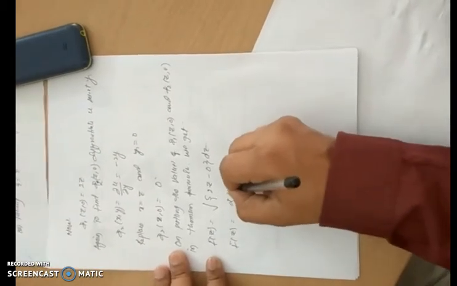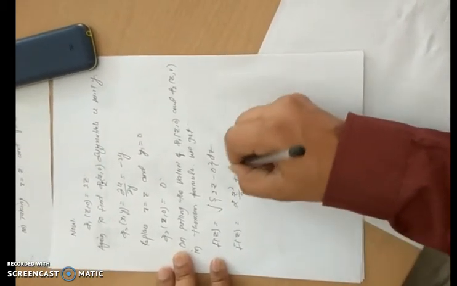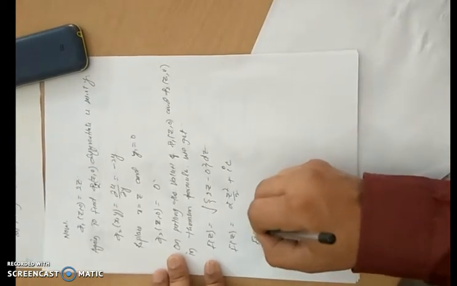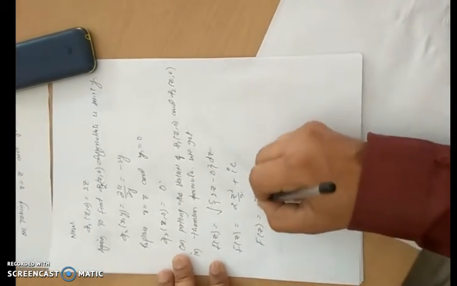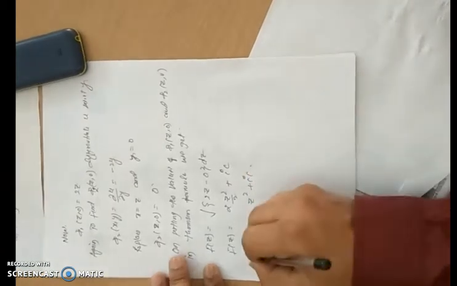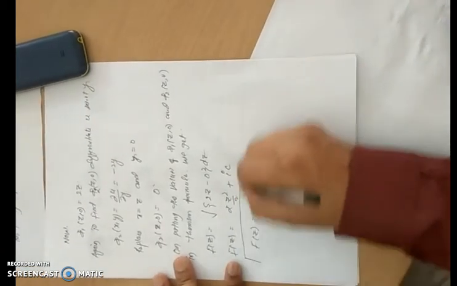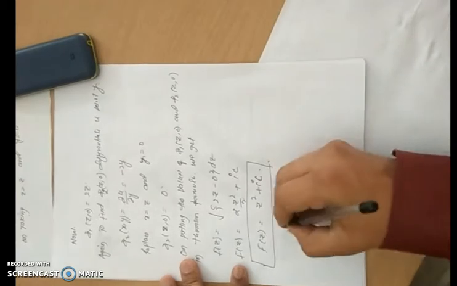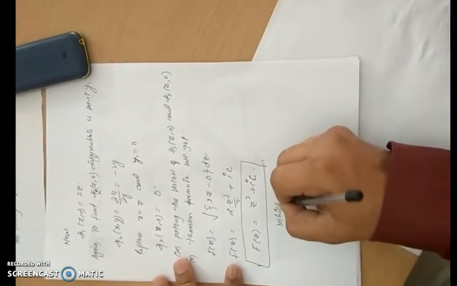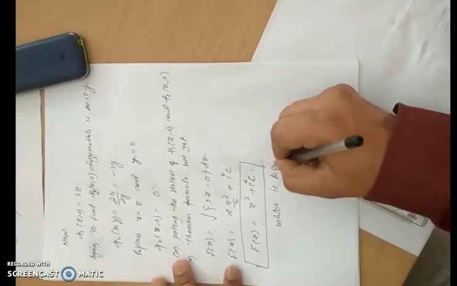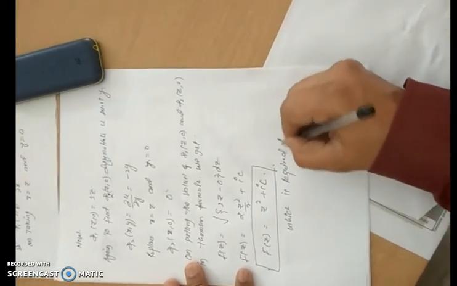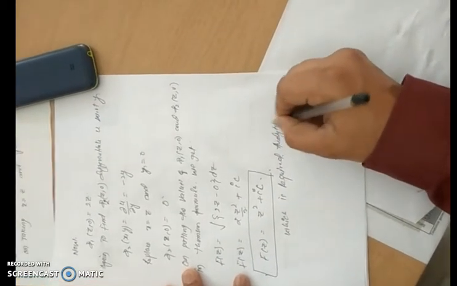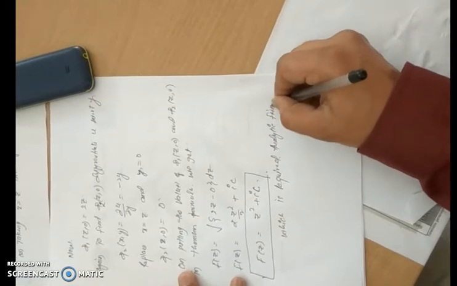So f of z is equal to the integral of 2z minus 0 dz, is equal to 2z square over 2 plus iota c. So finally we have f of z is equal to z square plus iota c, which is the required analytic function, where z square is the real part and iota c is the imaginary part. So this is the way to find an analytic function by using the Milne-Thomson formula.